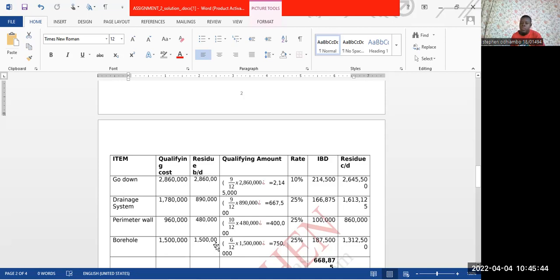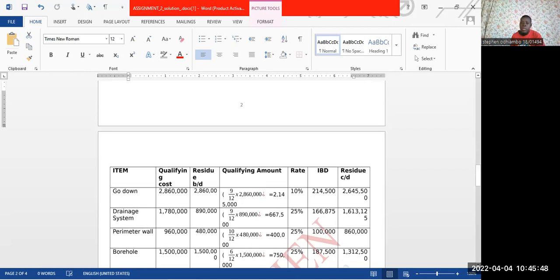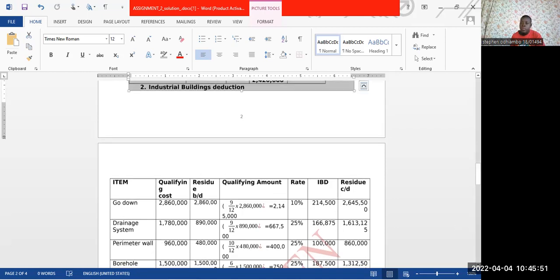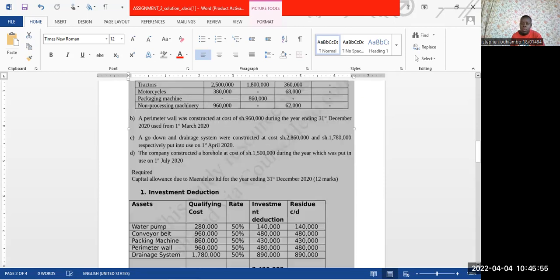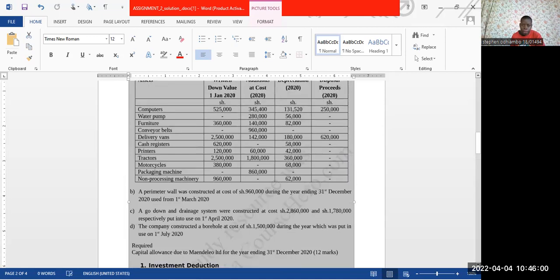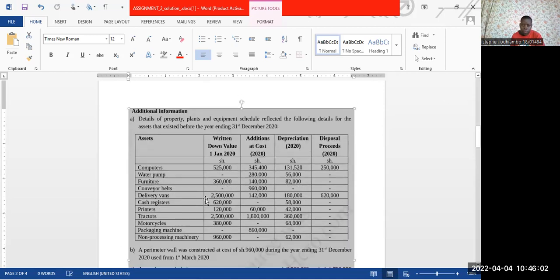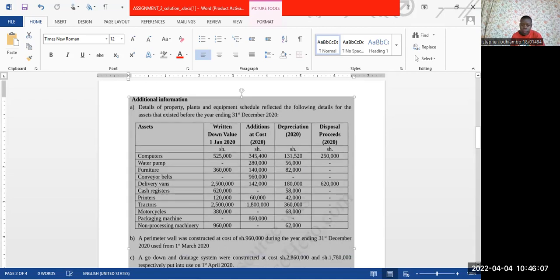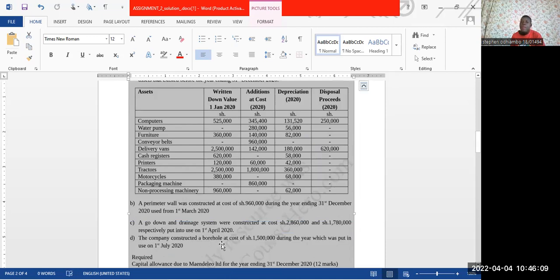We take 6 over 12, meaning it was put in place from, I think, July. Borehole, let me check it just for confirmation, so that we avoid so many errors. In the additional information, we were told a company constructed a borehole at a cost of 1.5 million during the year, which was put in place from 1st July.